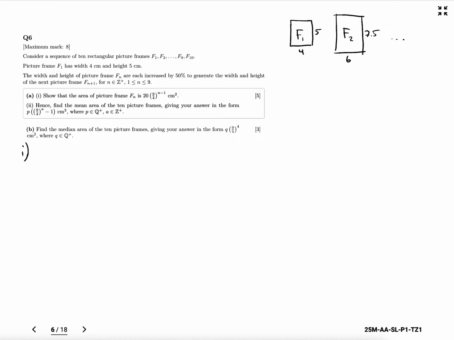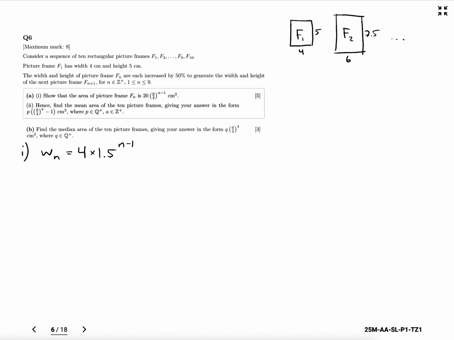Let's do part AI, which means that we're going to show that the area of a picture frame is equal to this expression here. And as you know, the area is the width times the height. So we first want to write expressions for the width and the height. And the width of picture frame N is going to be 4 times 1.5 to the power of N minus 1.